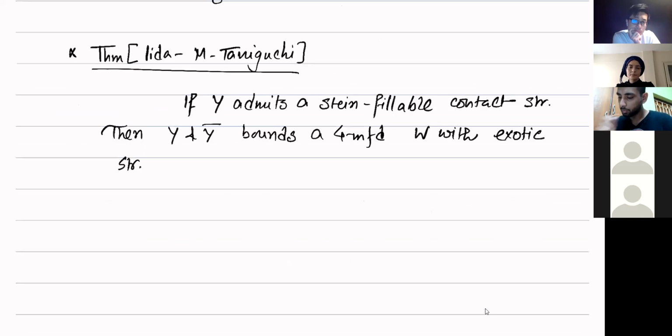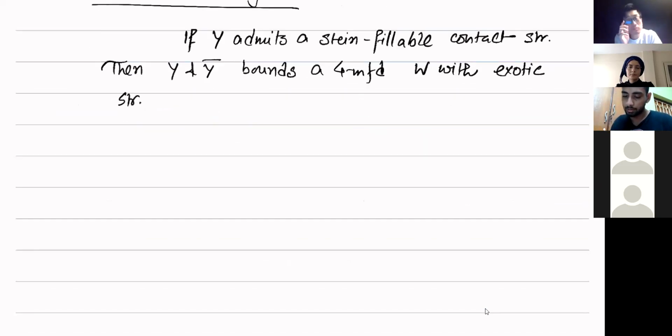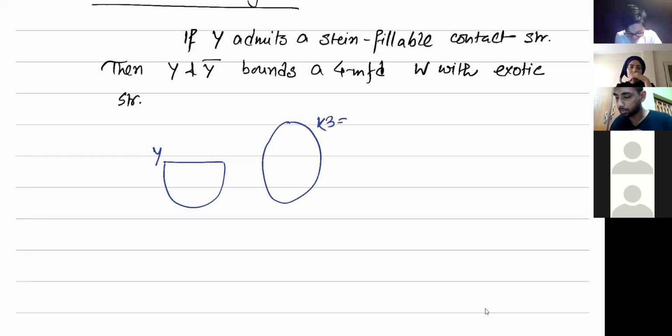So how do you prove that? As I said, by assumption, we know that Y has a Stein filling. So let's say this is your Stein filling of Y. And then you just connected sum with K3, connected sum CP2 bar, just connected sum these two copies.